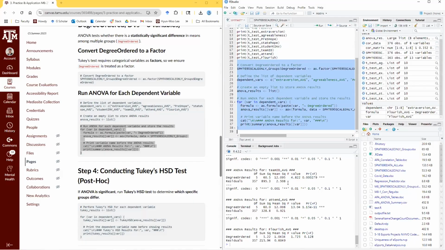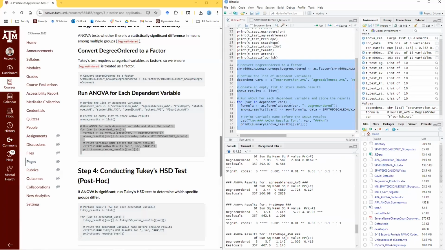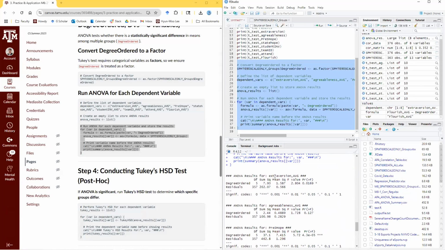This will give us 8 ANOVA results. So when I look at the ANOVA result, and before I interpret the results, this is why I designated that I want the variable name of the ANOVA result to be reported before each ANOVA table, because if you don't run this, let me show you.